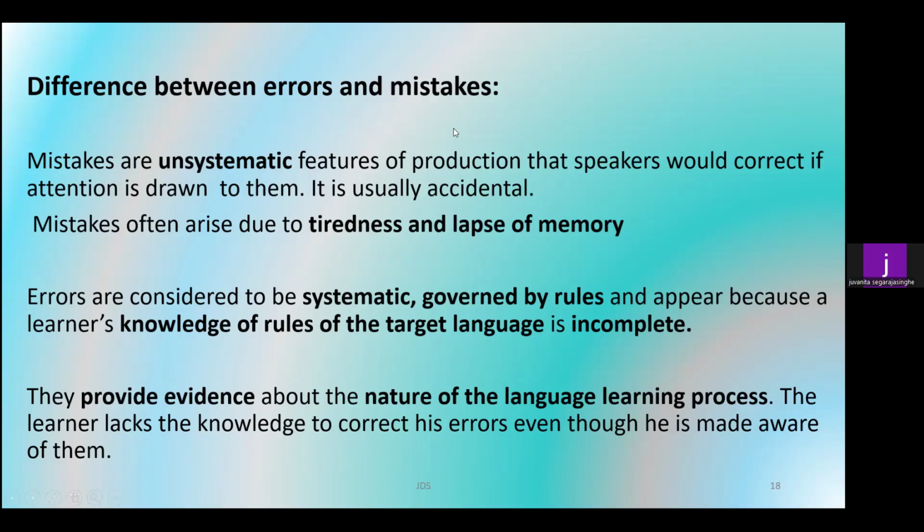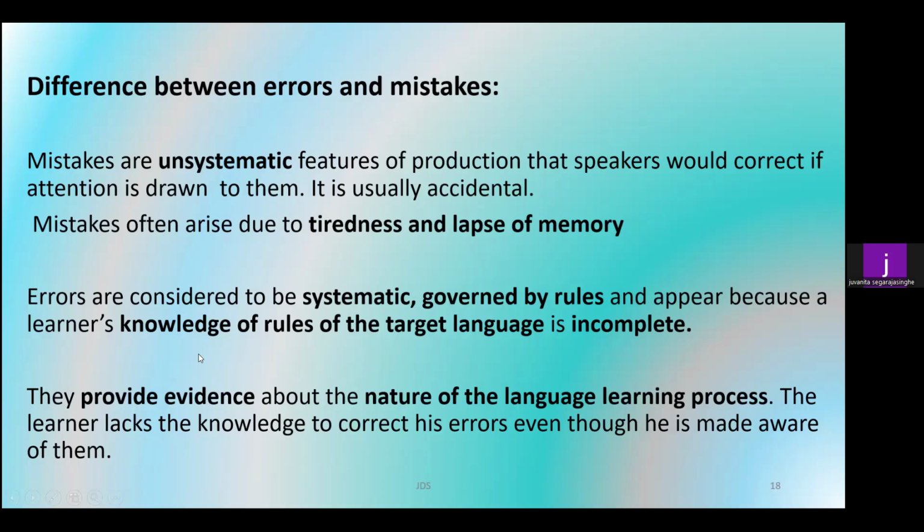So why do people make errors? Why do we make errors? As a result of what? The lack of knowledge. Exactly, right? So that is the most important point that you need to remember. Errors take place in writing or speaking not due to tiredness or lapse of memory or some other health-related issue, slip of tongue or anything like that.